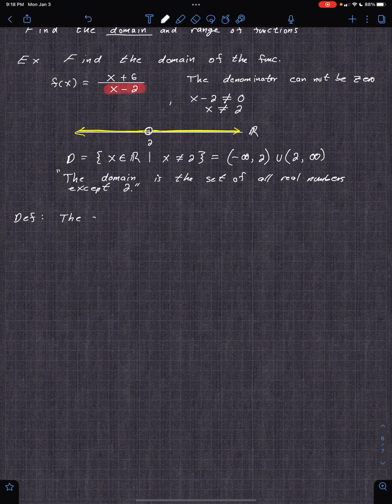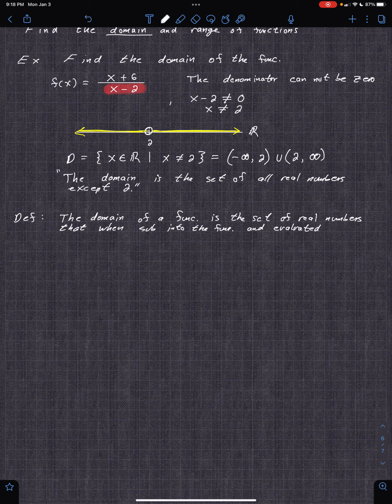So the domain of a function is the set of real numbers that, when substituted into the function and evaluated, the result is a real number.